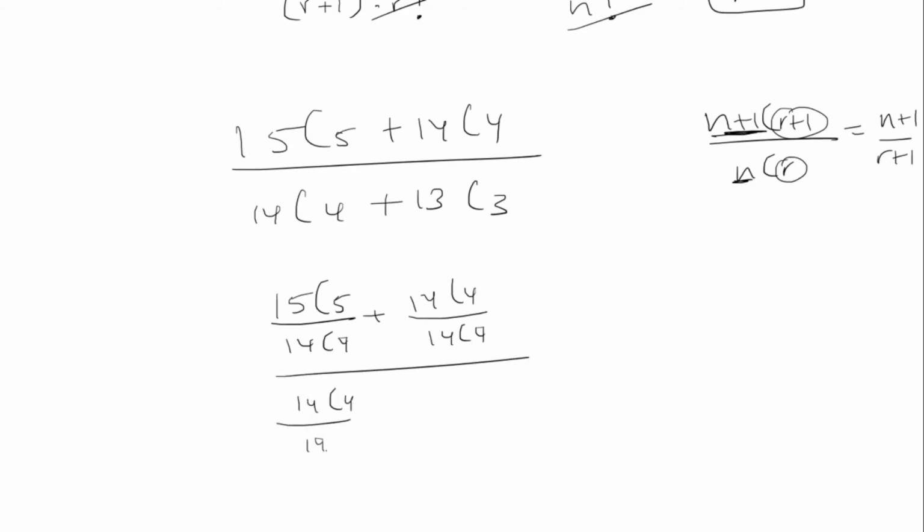And the nice thing is that some of the terms are just going to be 1 because they're the same thing. Okay, so like these two will be 1. Now I have 15 choose 5 over 14 choose 4. If I look at this formula, it's clear that n is 14 and r is 4. So the answer will be 14 plus 1 over r plus 1.